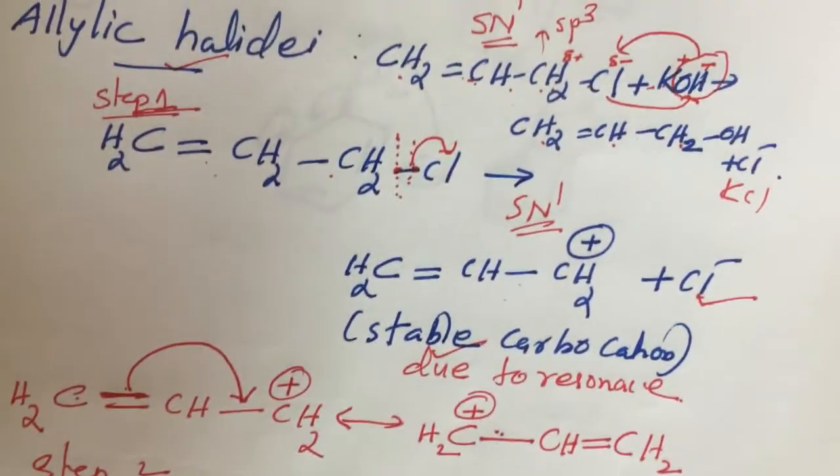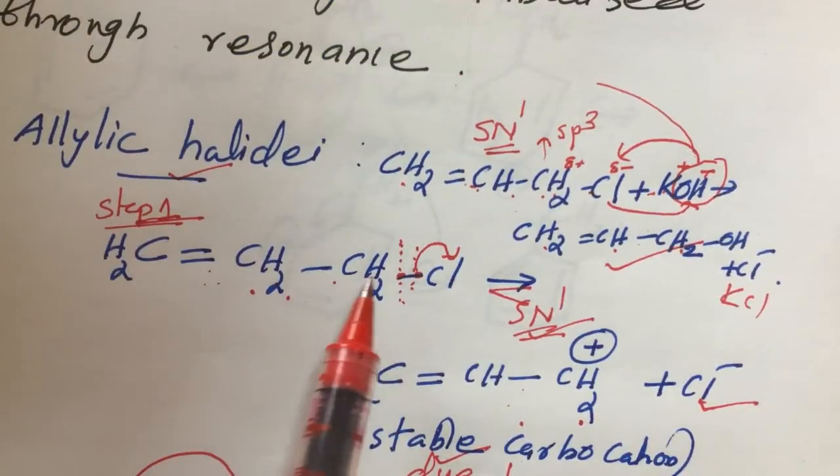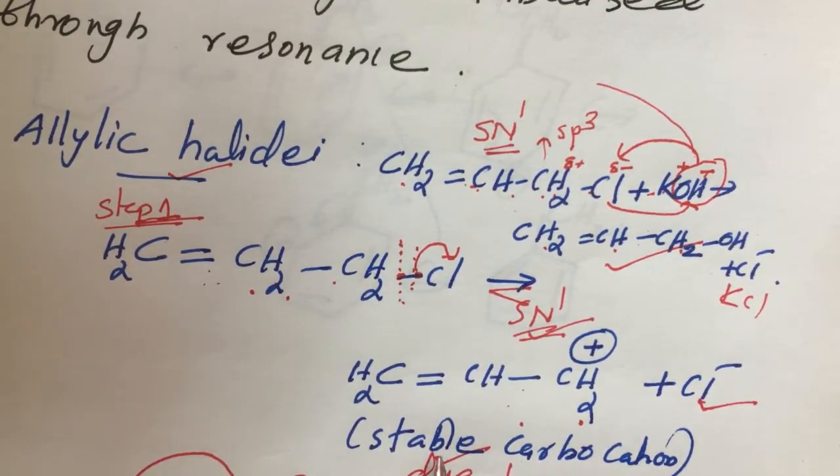Okay, the final product. In the case of allylic halide, after dissociation, a more stable carbocation forms, so the reaction is favorable. So allylic halides undergo the SN1 mechanism.